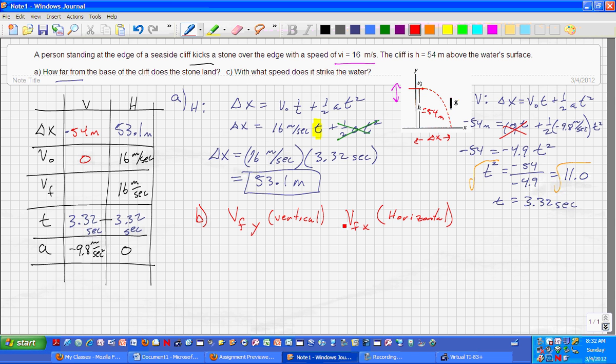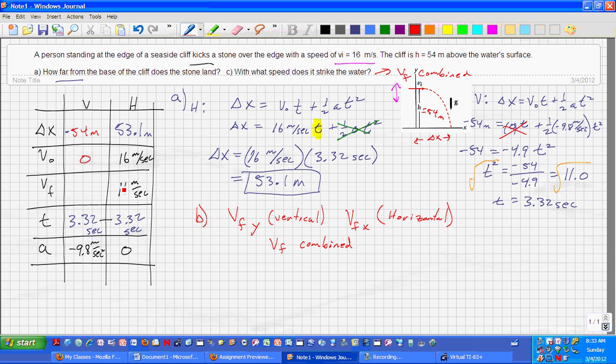And then we've got a V final combined. That's what this is. But in order to find V final combined, we need both the vertical and the horizontal. Well, we've got the horizontal. All we have to do is find the vertical, and then we can find the combined. And I'll show you how to combine those in a minute.